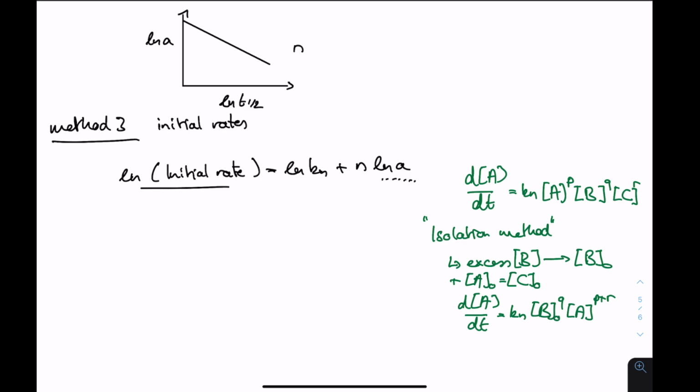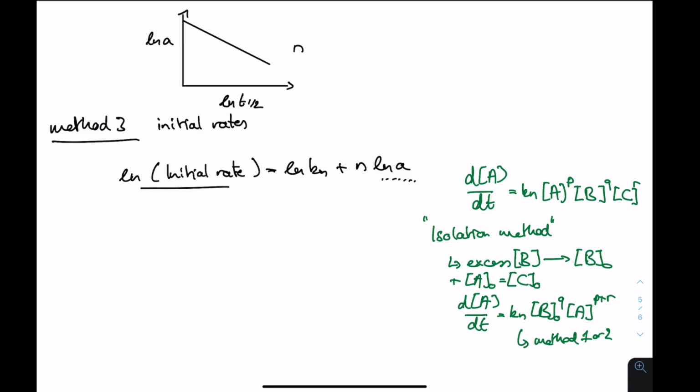So now we can use method 1 or 2, keeping this large excess and measuring the concentration evolution of species A, right? So you will observe a reaction order of P plus R, okay?